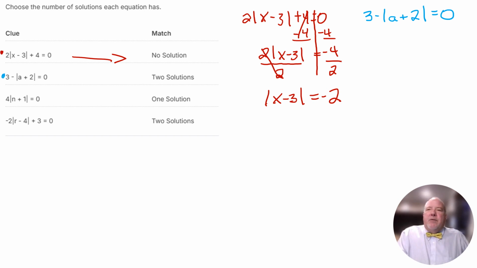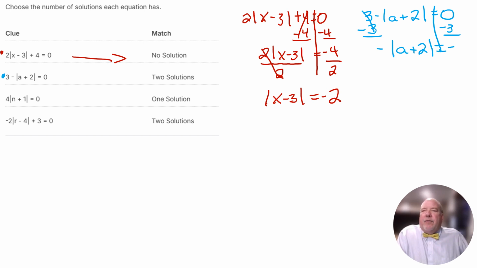The first thing I'm going to do is subtract 3 from both sides, so minus 3, minus 3, and this will go away. Now I have negative absolute value of a plus 2. You have to be careful here. That minus sign didn't just disappear. It's still there. And on this side, I have negative 3.